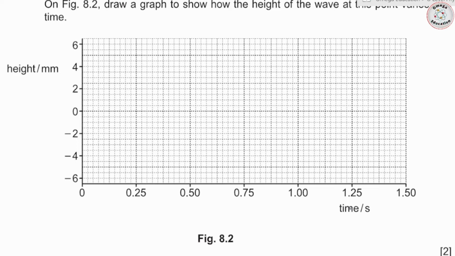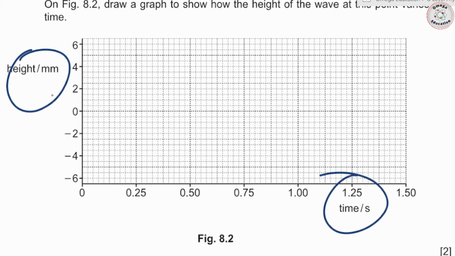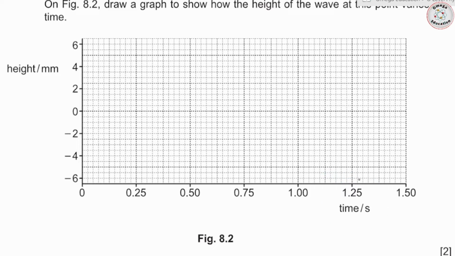In general wave properties, in water waves we have 2 important graphs. One is the displacement time graph and the other one is the displacement distance graph. If instead of time you represent distance in meters or centimeters or millimeters, whatever it is, then that would be called a displacement distance graph, from which we can directly find the wavelength.